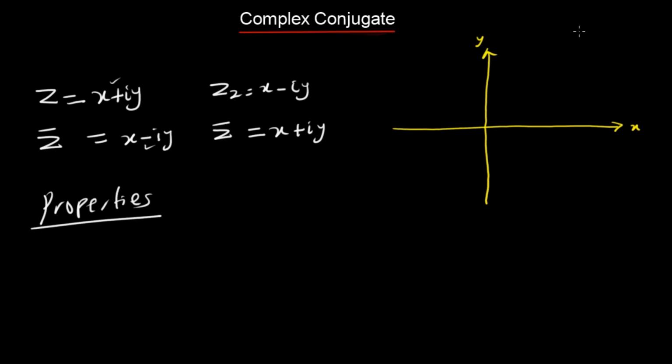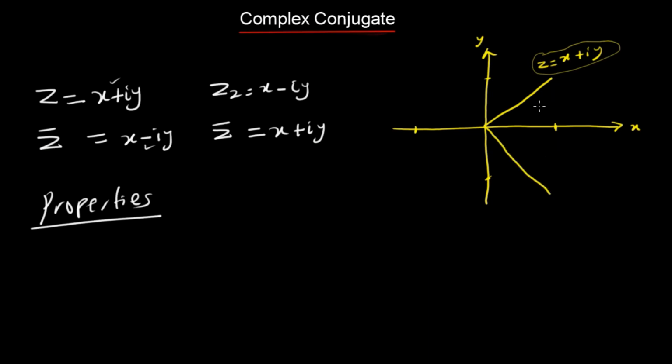So let's say we have a complex number z, which equals x plus iy. If you are to graphically see how the complex conjugate behaves, it's like mirroring this whole complex number towards the negative y-axis. So therefore we are like taking it down.